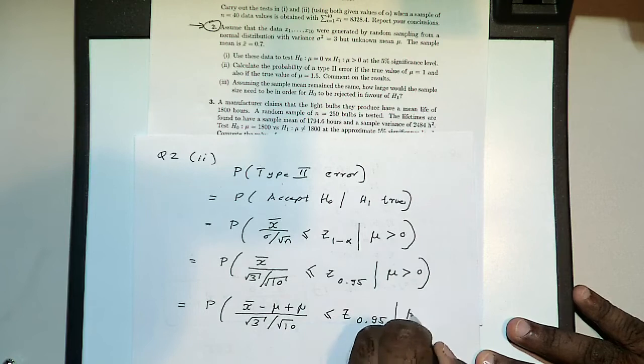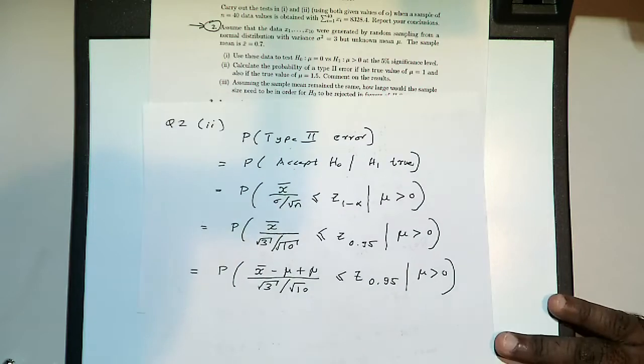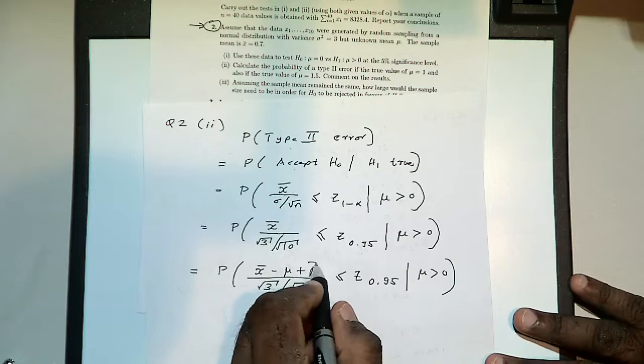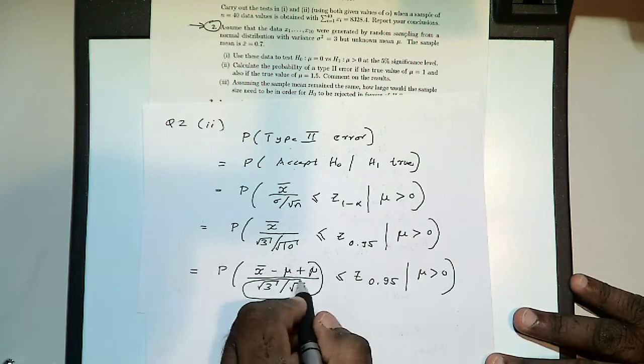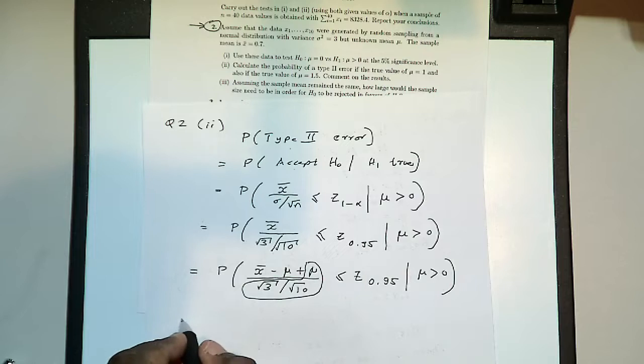Because the population mean is no longer 0, it's mu. It's a positive number. We don't know what the number is, all we know is that it's a positive number. Okay. All right. So I've subtracted the mu and added a mu. Now what I'm going to do is take this part here and move it to the right-hand side of the inequality. You will see in a minute why I'm doing this.